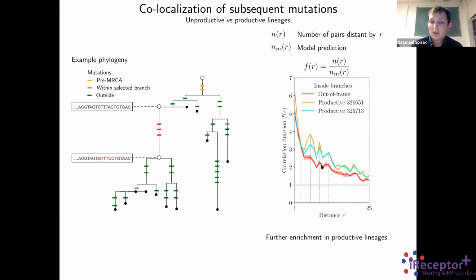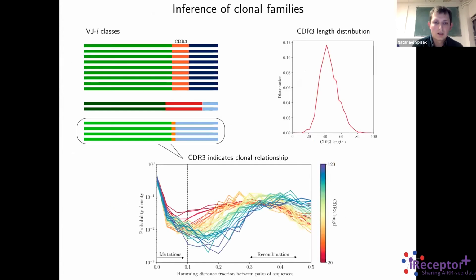This suggests that the phenomenon of co-localization is in fact useful for speeding up affinity maturation, as of course the neighboring base pairs and then the neighboring amino acid residues are in contact and in fact conspire together to build high affinity for a given target. And therefore, it absolutely makes sense to co-evolve them, to change them simultaneously. And hence this enrichment here is particularly visible at the multiples of the distance of 3 base pairs, which is of course the length of the codon.